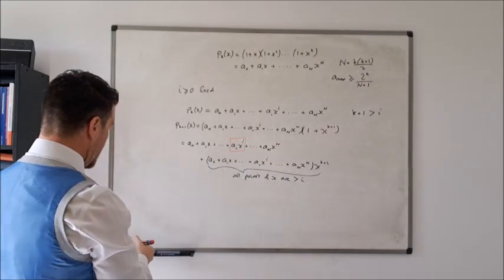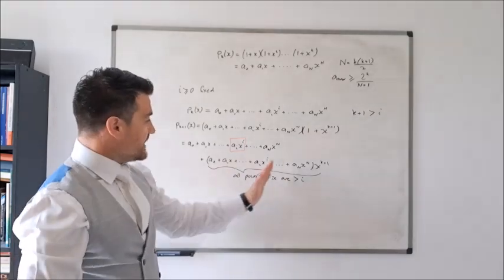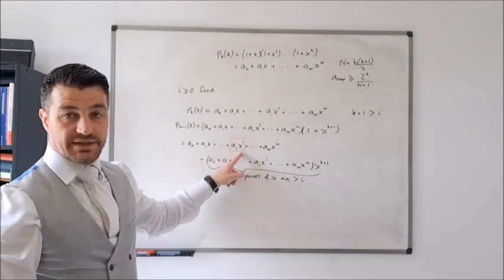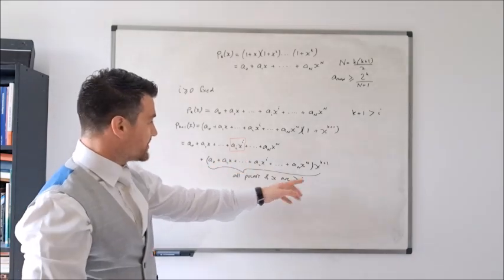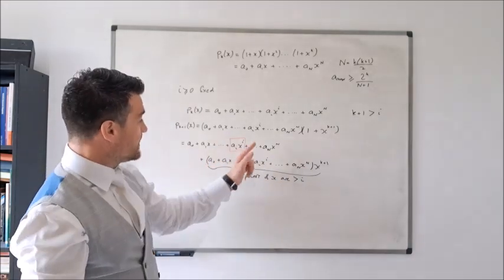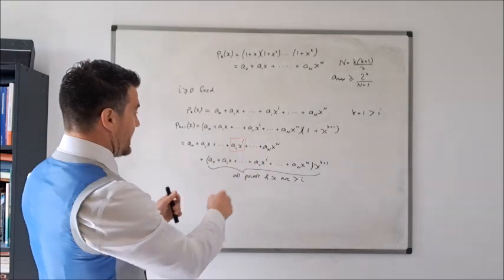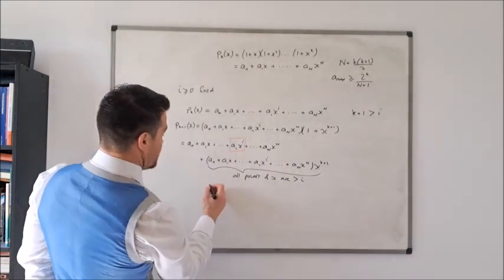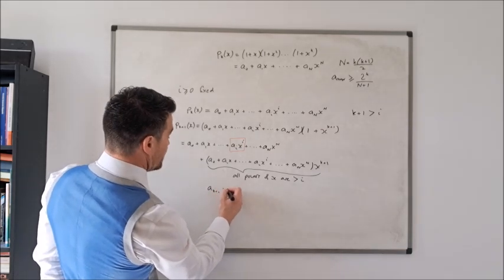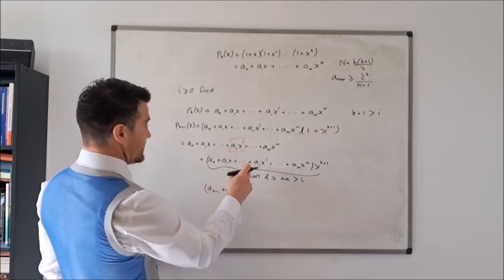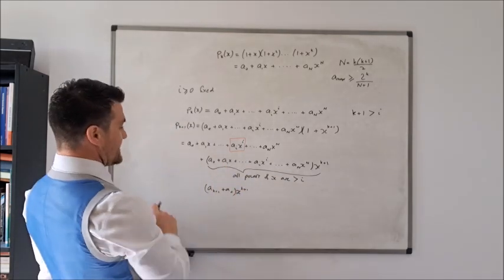Okay, so we've got the a_i x, a sub I, x to the power of I. None of these are going to need to be combined with this term. Whereas once we get to x to the power of k plus 1, then I'll get something like a sub k plus 1 plus a naught is going to be the coefficient of x to the power of k plus 1 in p_{k+1}.